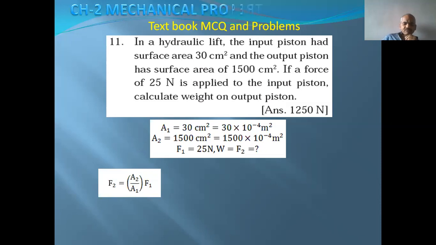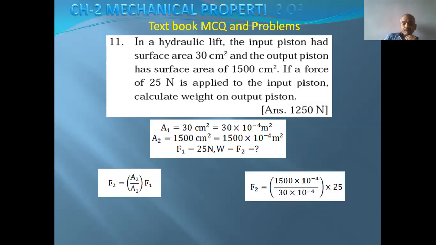But the pressure is the force per unit area, and because of this, from the relation for Pascal's law, you can write F2 as A2 by A1 into F1. Here all the quantities are given, and you can substitute here to get the value of F2.